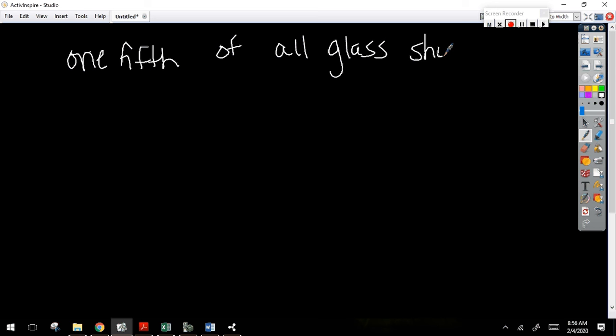If she intends to use all of her blue glass, how much glass will she need for the entire project? 1/5 of all the glass should be blue.